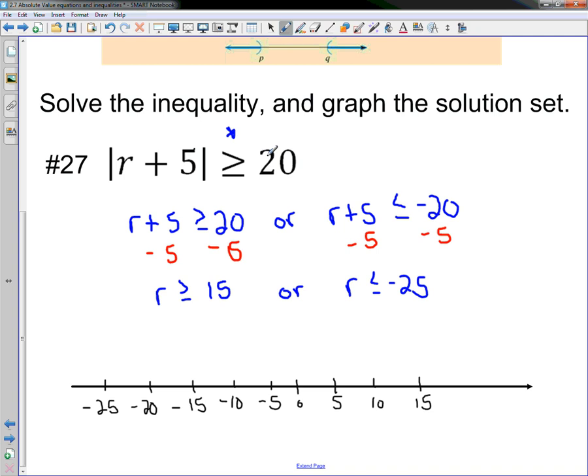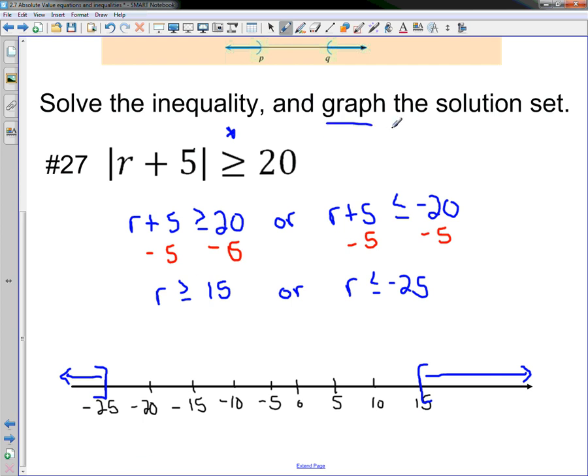So our first one is we're dealing with r is greater than or equal to 15. So we go to 15, and we're dealing with greater than or equal to, which is to the right. In our second one, we're dealing with r is less than or equal to negative 25. We'll go to negative 25, less than or equal to is to the left.